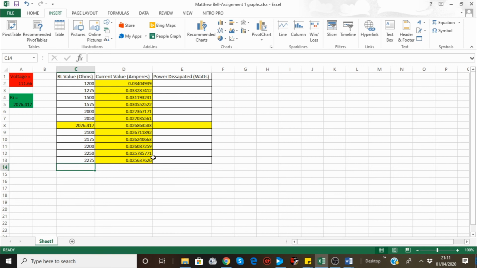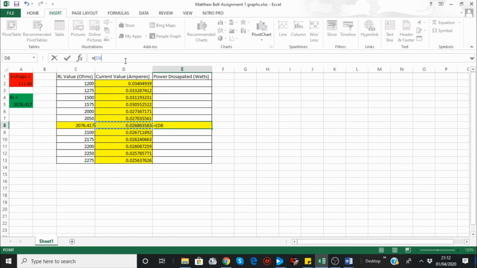So we've got all that, and we've got all the currents in amps, and we need to formulate the power. Power is I squared times RL. So we go into this box, click on here again, say equals. For I squared, I'll just open a bracket, parentheses, and click on I, which in my case is D8, column D, row 8.